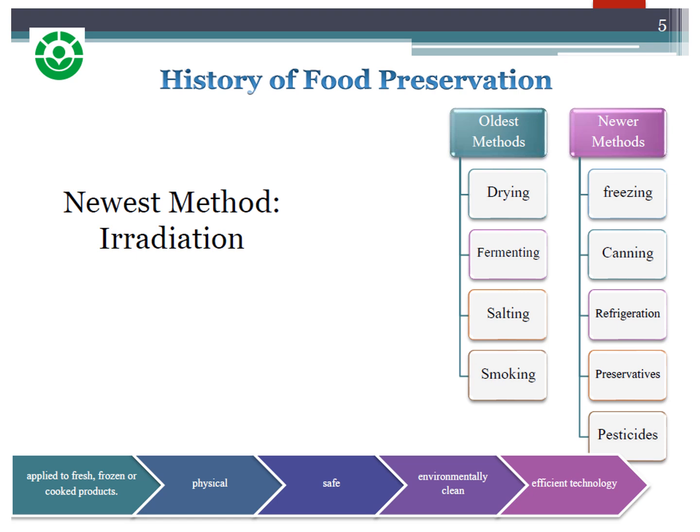Next one is freezing. This involves lowering the temperature of the food below freezing point, usually minus 18 degrees Celsius to minus 35 degrees Celsius. Freezing stops the growth of microorganisms.